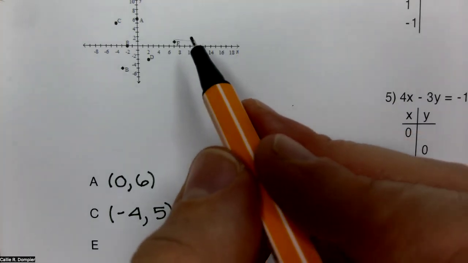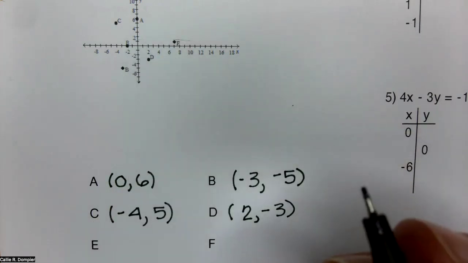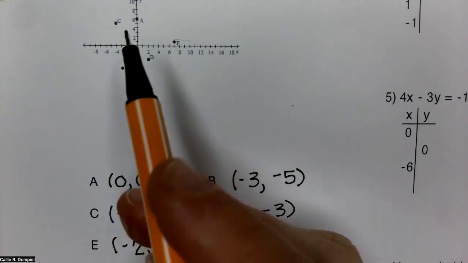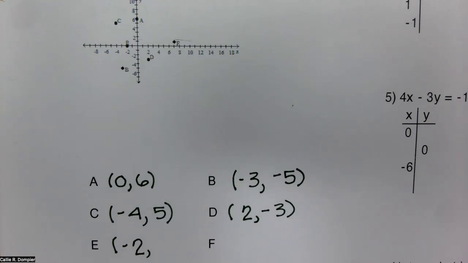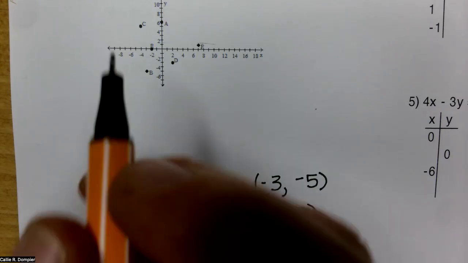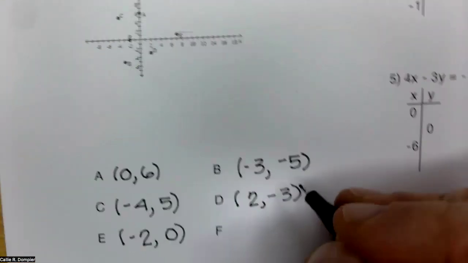E is right here. So on the x-axis, we went negative 2. And then did we have to go up or down on the y-axis? We did not, so we put a 0 right there, okay? For letter F, we have right here, from the origin, we went over 7.